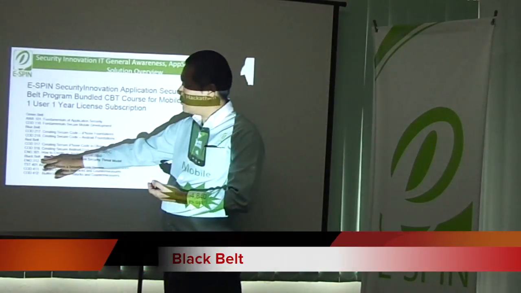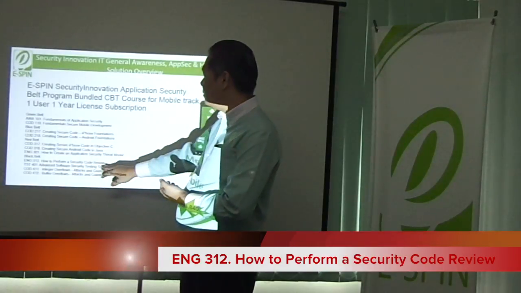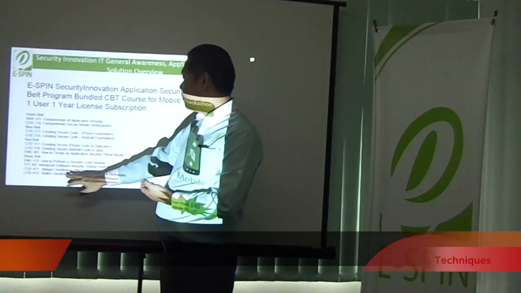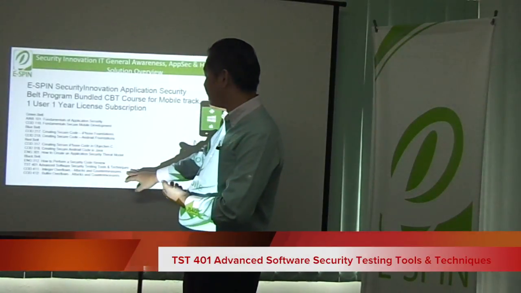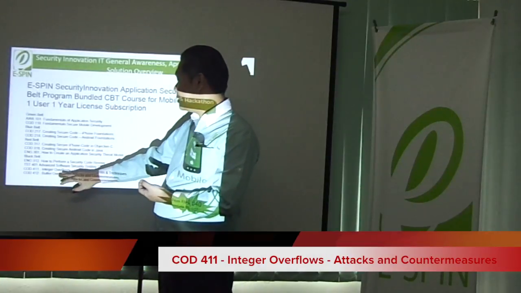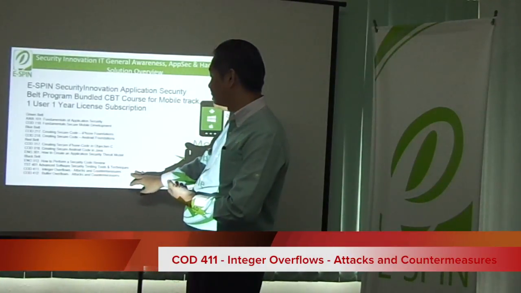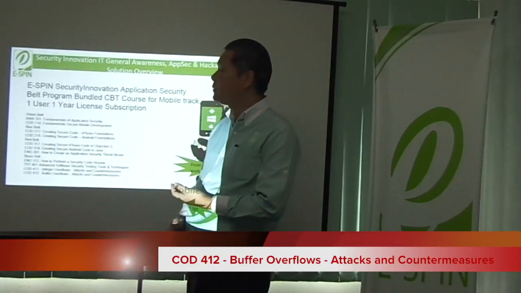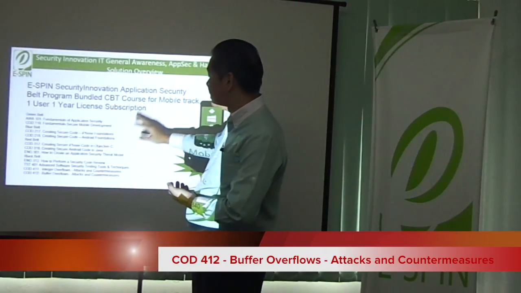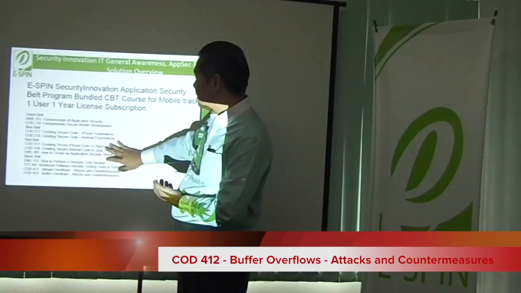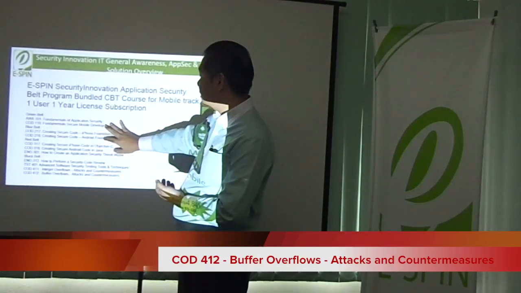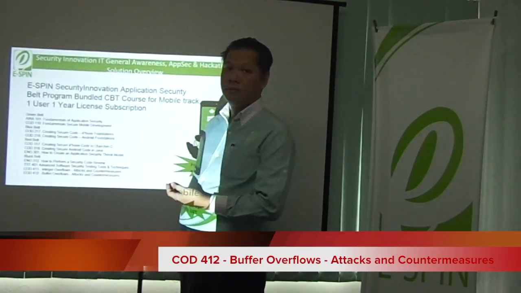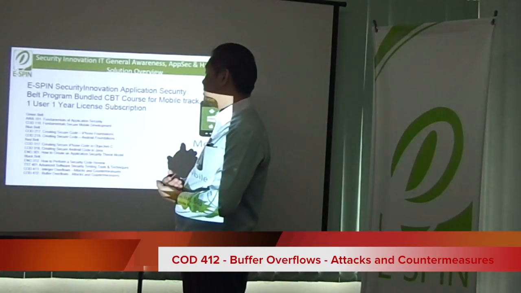Then you enter into the black build, how to perform a security code review, and software security testing tool and techniques, and integral overflow attack and countermeasure, buffer overflow attack and countermeasure, right? In one course like here we have 4, 7, 11 courses for the user to consume within a 1-year period.